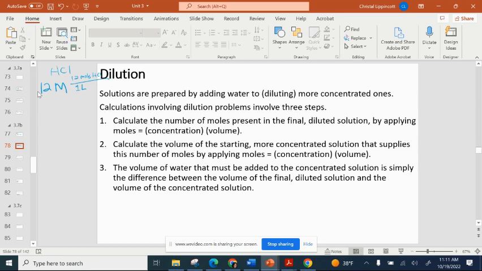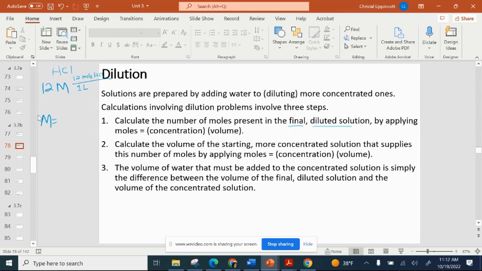All right. So first of all, you're going to calculate the number of moles present in the final diluted solution by applying moles equals concentration times volume. So if molarity equals moles over volume, and now we want to know moles, all you have to do is multiply these two things together.